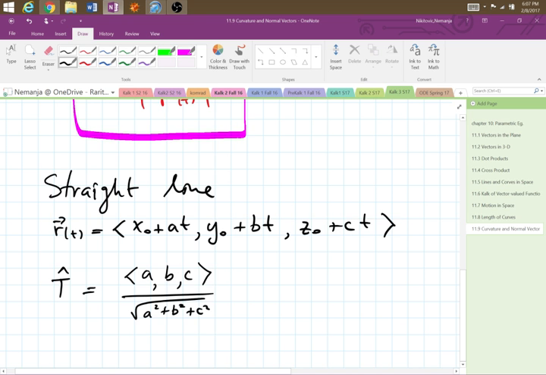That is now the unit tangent vector for a straight line. And then as soon as you find T prime, the magnitude is 0, which implies that the curvature is 0, which makes sense. Again, it's a straight line, it's not curved.